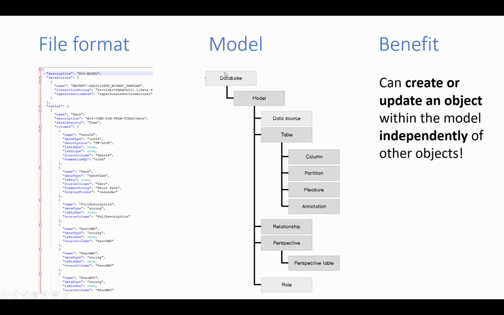What is more important, this model is nicely structured, where each object is presented in its own hierarchy, and with this hierarchy and this file format we can create or update any object within the model independently of other objects. What does it mean when we are programming changes in the model? We can update only one table, transactional or dimensional, or create or update only one measure.